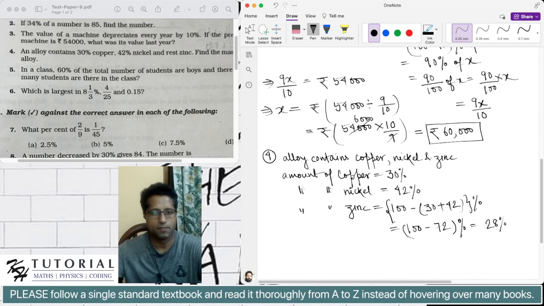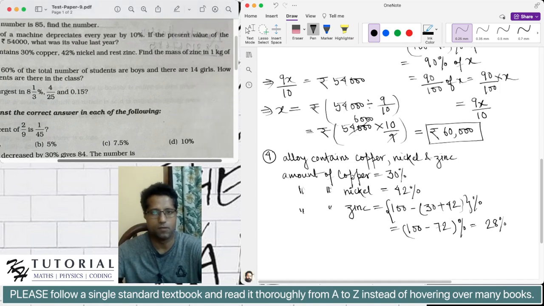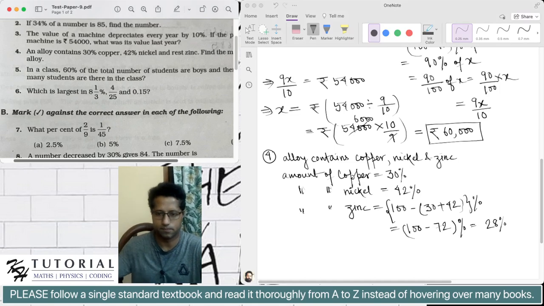Now it is asking to find the mass of zinc in 1 kg of alloy.